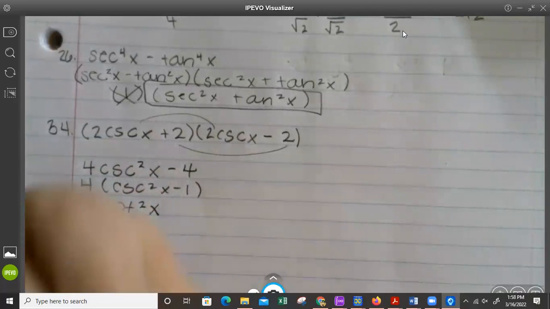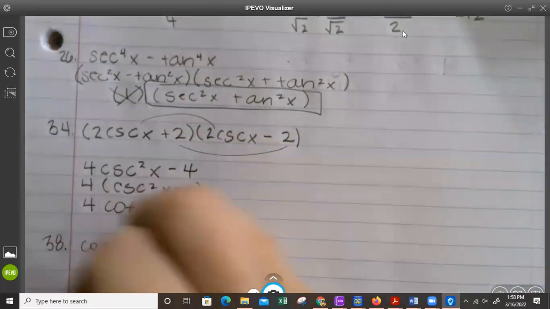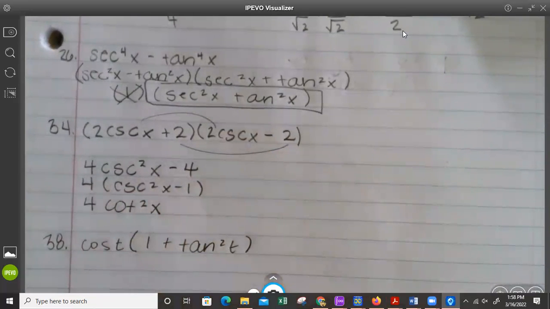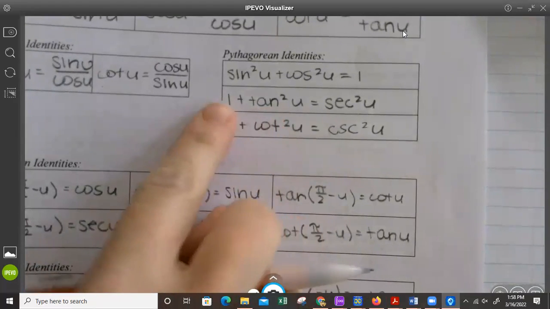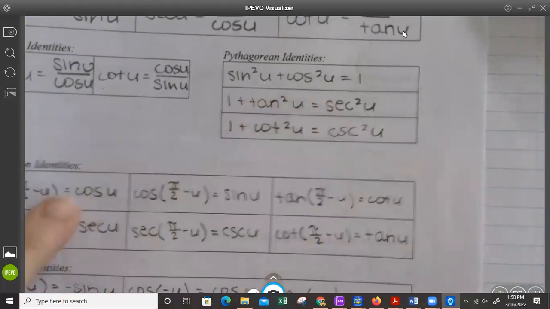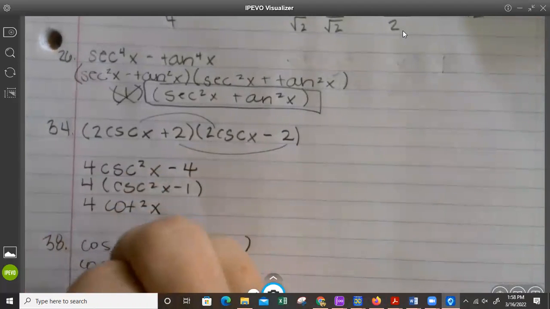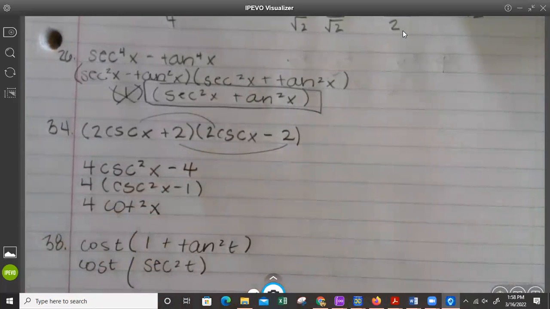38. Cosine t, 1 plus tan squared t. Look back, I see that tan squared t plus 1 is secant squared. So I have cosine t times secant squared t. What is secant squared?